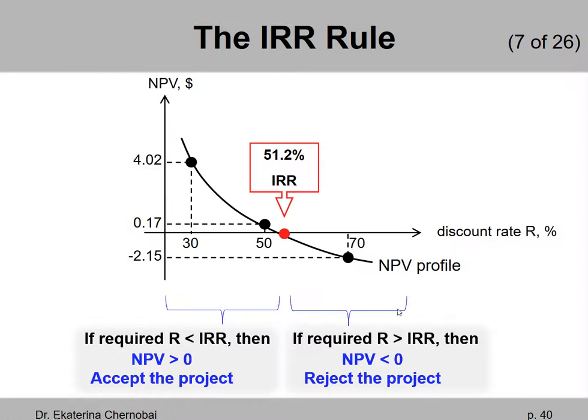And instead, when the required return that's given to us is greater than the IRR that we calculate first, then that corresponds to the part of our graph where the NPV line lies below the horizontal axis, which means the net present value is negative. And that's when we say reject the project.